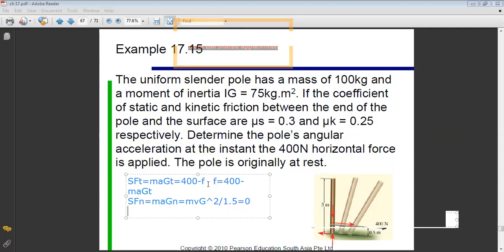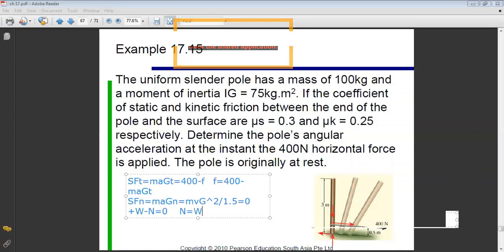So I can deduce N. If I'm doing it along UN, is it downward or upward? Downward, because it's always directed towards the center of rotation. So it's plus W minus N equals 0. Here it doesn't matter because it's 0. So I deduce that N is equal to W.